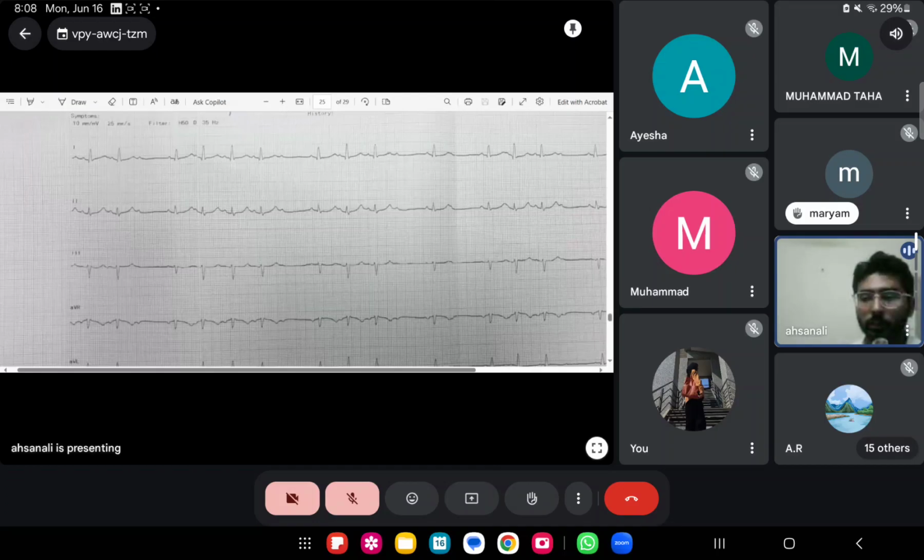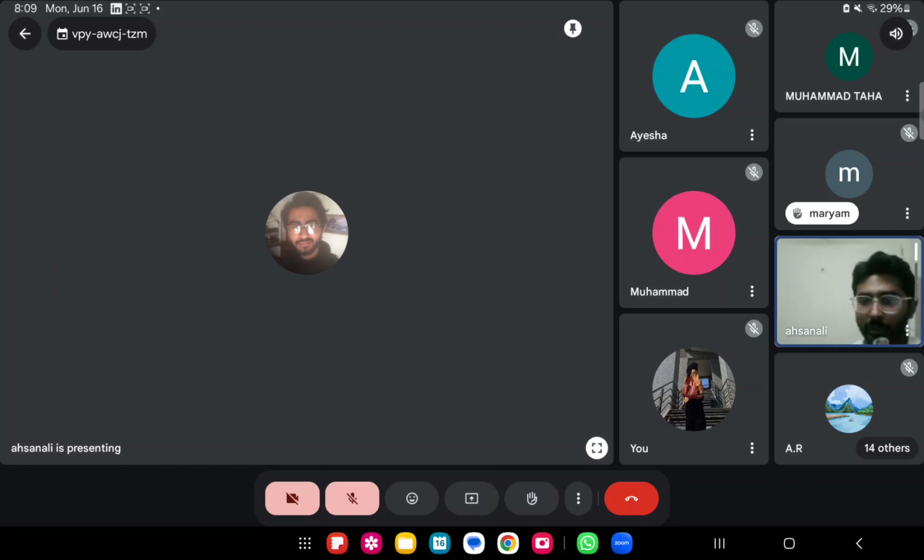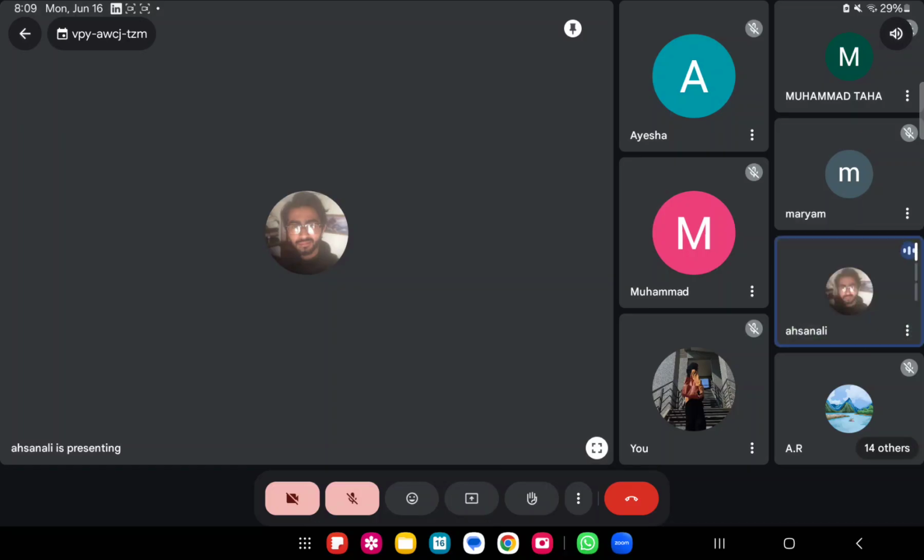So it is clearly an irregular rhythm. All right. So if the rhythm is irregular, what are you going to check for? Any blocks.